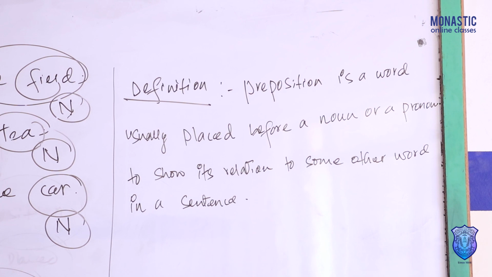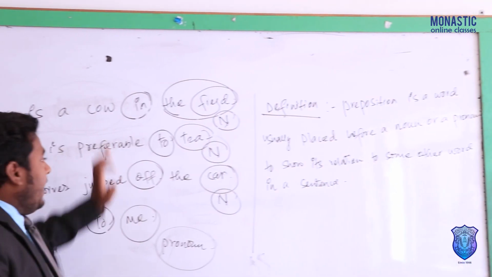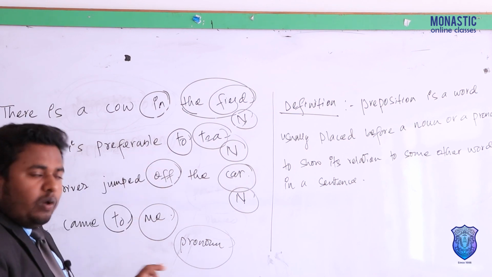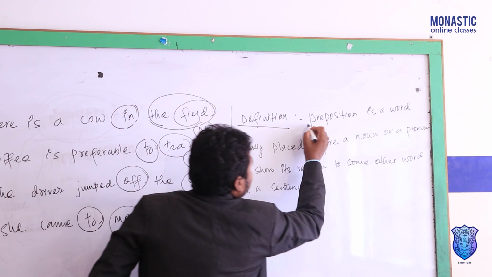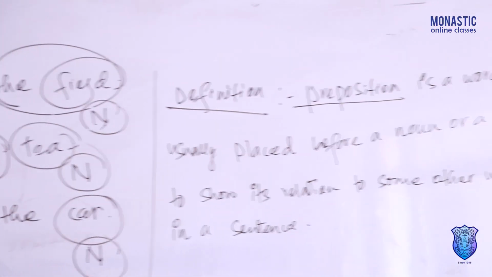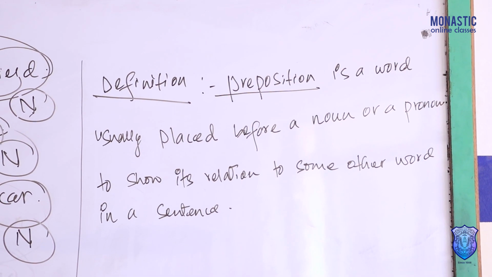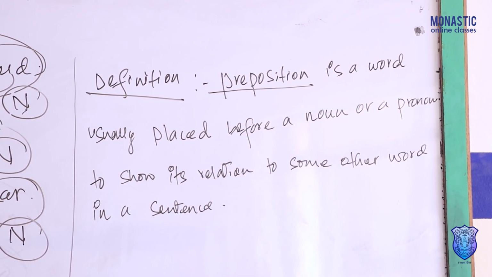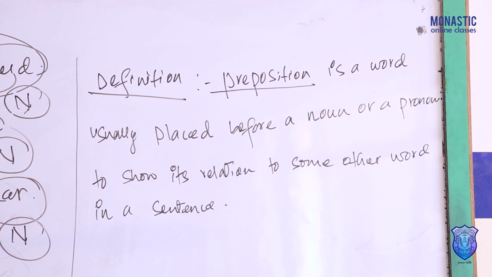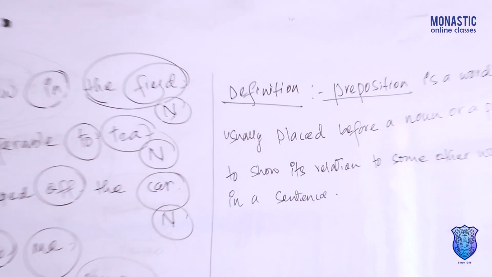Students, we went through the examples, and according to them we made the definition. The definition says that a preposition is a word which is usually placed before a noun or a pronoun to show its relation to some other word in a sentence.